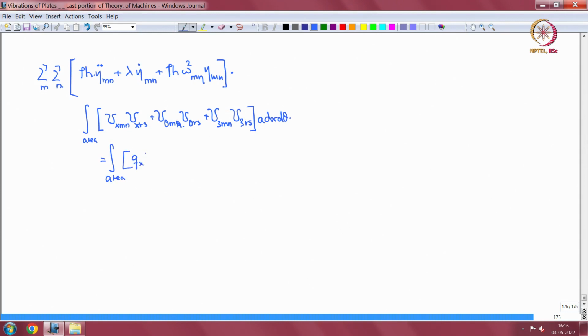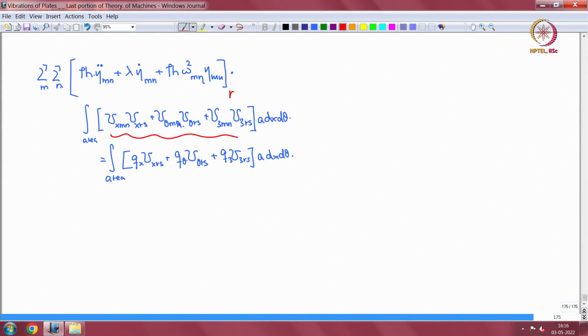qx u x rs plus q theta u theta rs plus q3 u3 rs a dx d theta. These are forces per unit area in each of the directions. This is the orthogonality condition, if you remember.